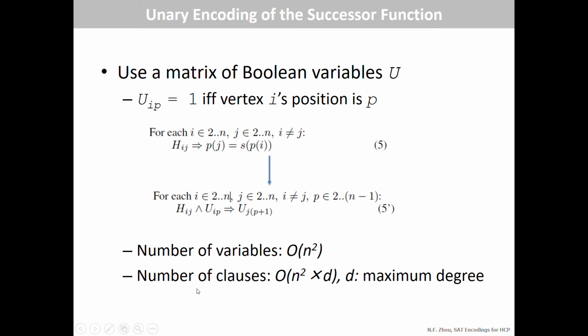For each vertex i and each vertex j and each position p, if ij is connected, and i's position is p, then j's position is p plus 1. This encoding requires an order n-cubed number of clauses to encode.